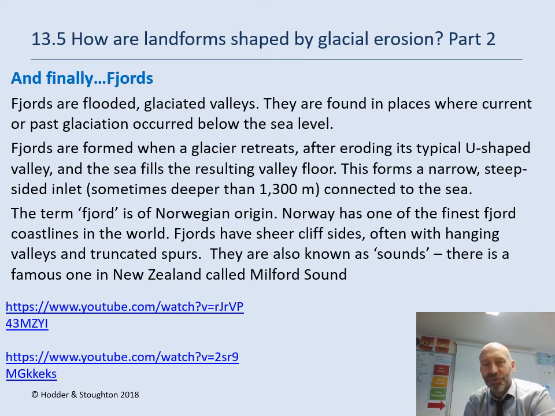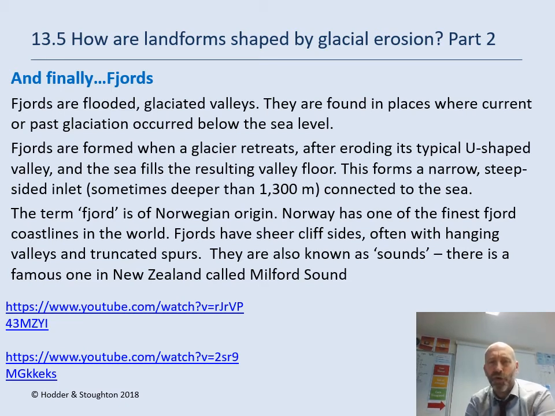But the sea will start to fill the valley floor, because sea levels are also rising because of the ice melt. And then you get these narrow, steep-sided inlets that are really deep, sometimes as much as 1,300 meters. And they're connected to the sea. So they stick out like fingers into the sea.